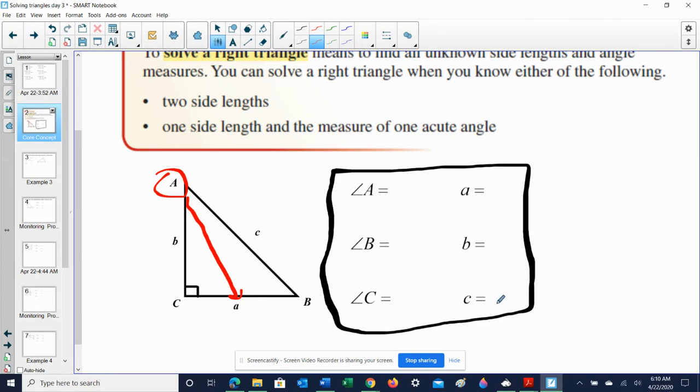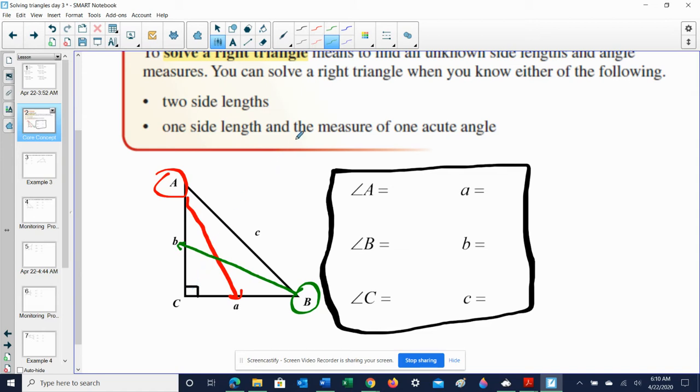We're going to be able to fill these in with numbers, these with angles. We're always going to have one right angle, so one of these three angles will say 90 degrees. Here's angle B. Opposite angle B is side b.